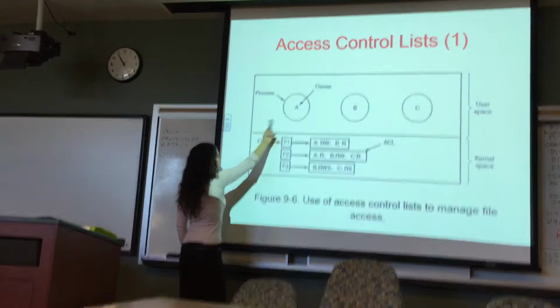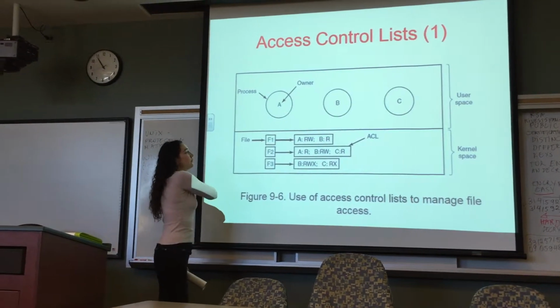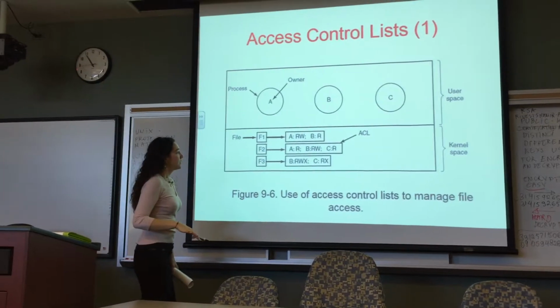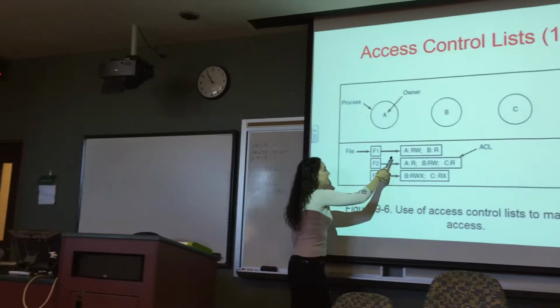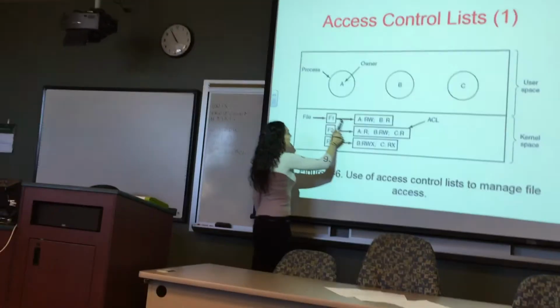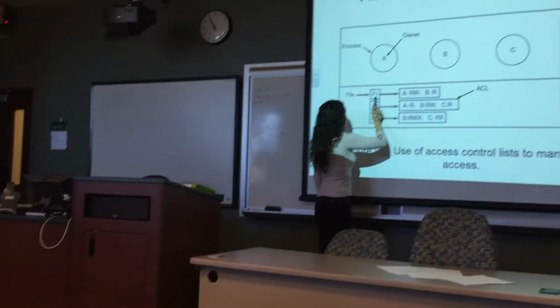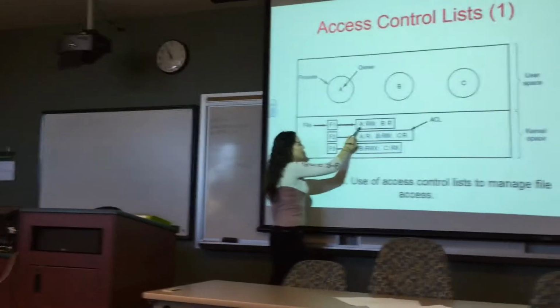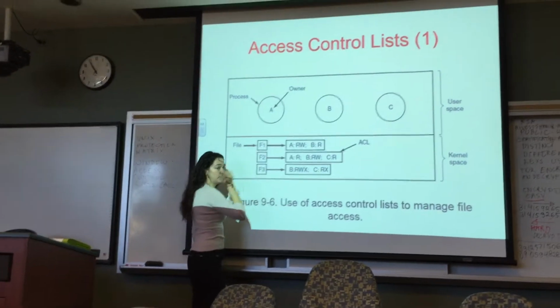So the process is running and has an owner, and other than the owner, there are other users. And associated with the file is a list that specifies for each user what permissions the user has on that particular file. So for example, the owner of this file 1 is A, and A has read and write permissions for that file.